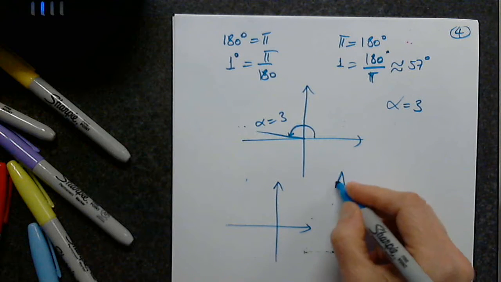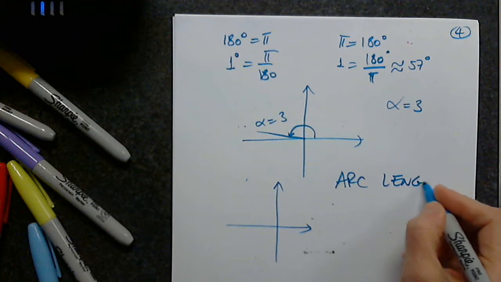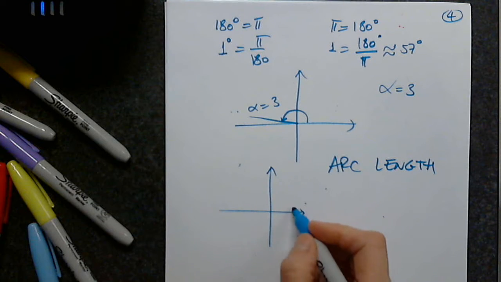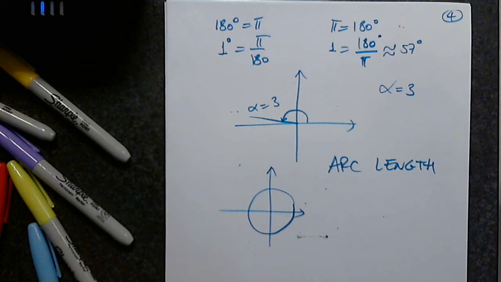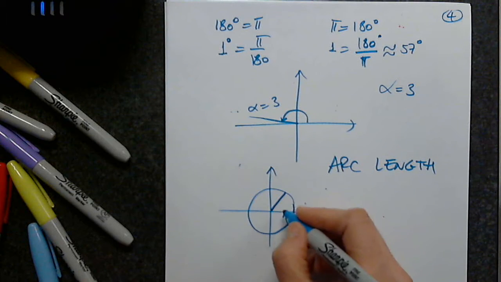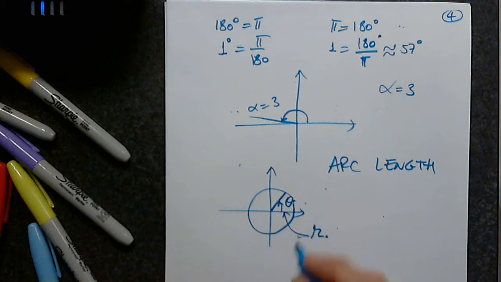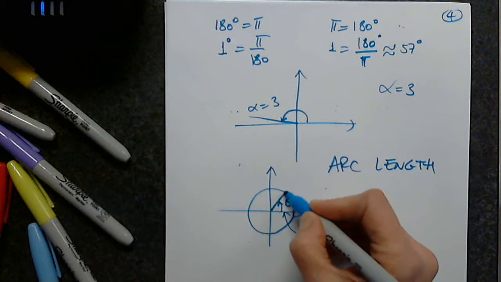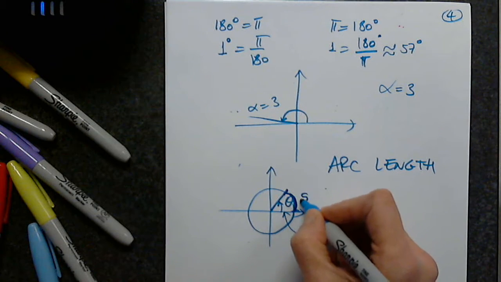One formula called arc length. This time this is not the unit circle. A radius r. A central angle in standard position of theta. And this arc length is lowercase s.